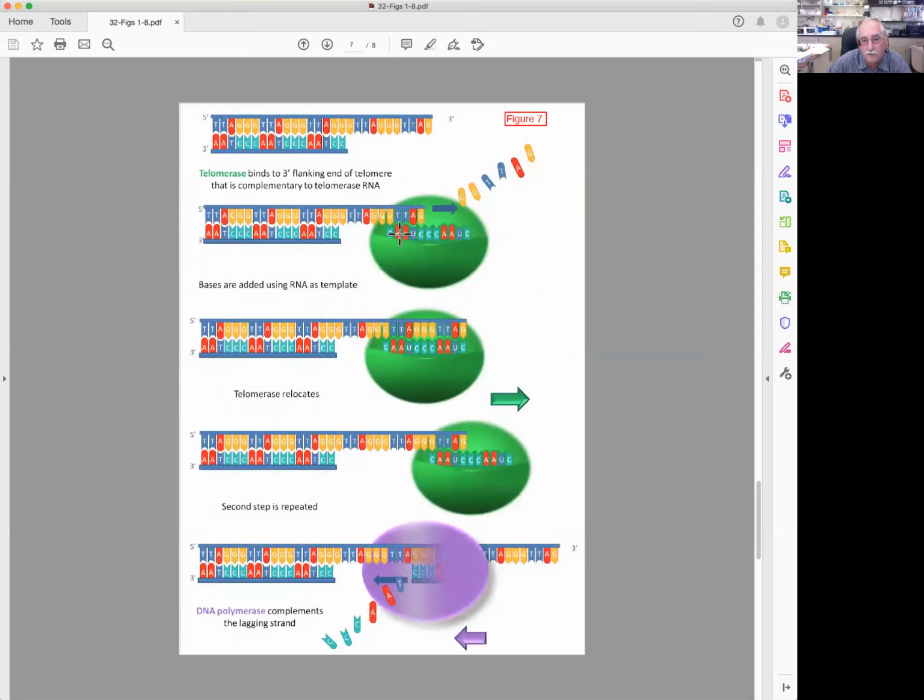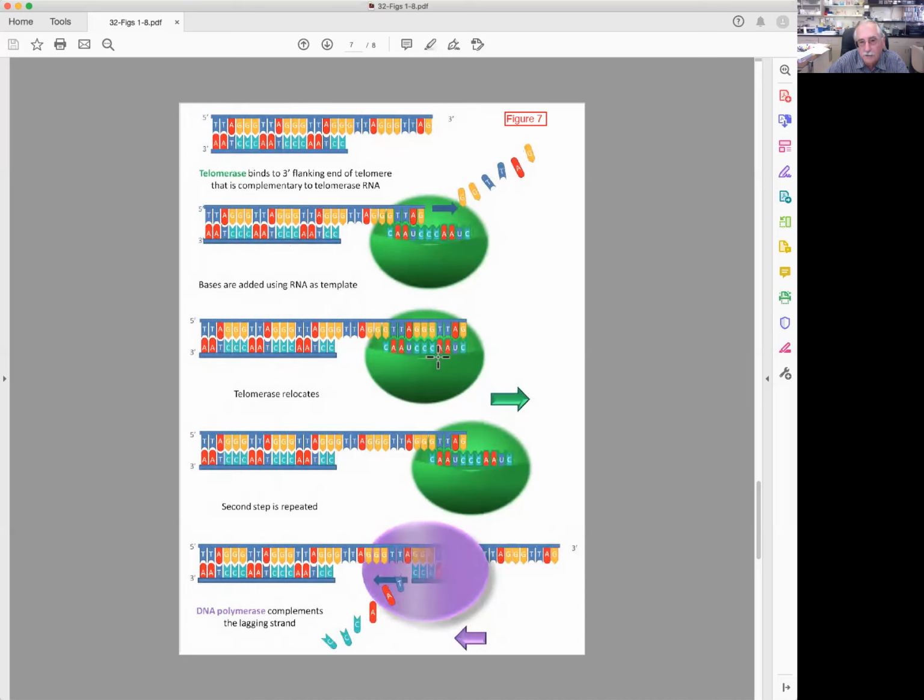That's why it's called a ribonucleoprotein. You can see that it's ribose because it doesn't have T in there. It has only A, right? You don't see a T in there. You see U over there. So across from A is a U instead of across from A is a T. So then it uses this to bring in new DNA.